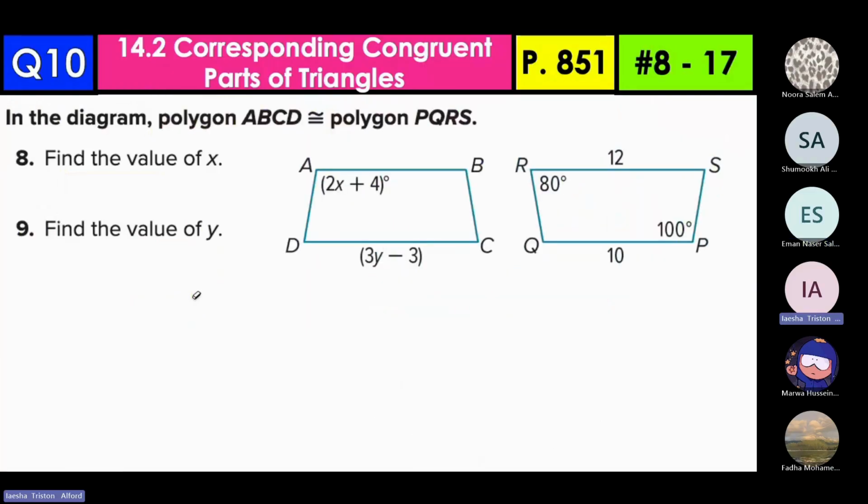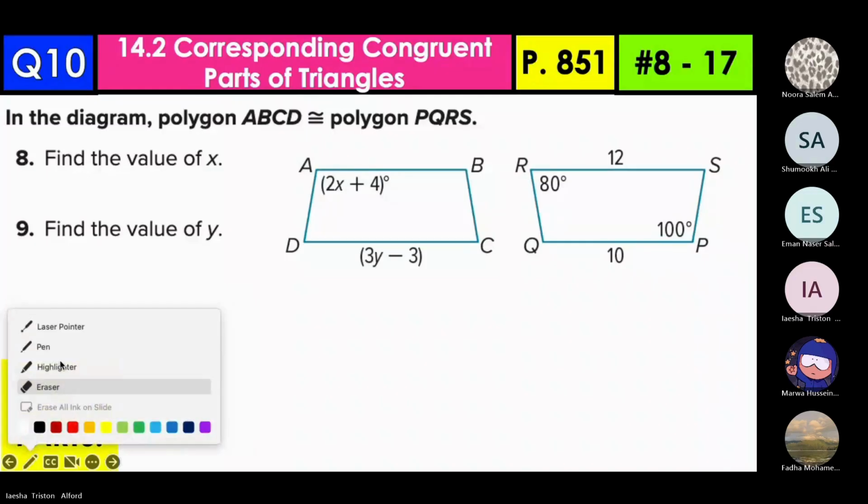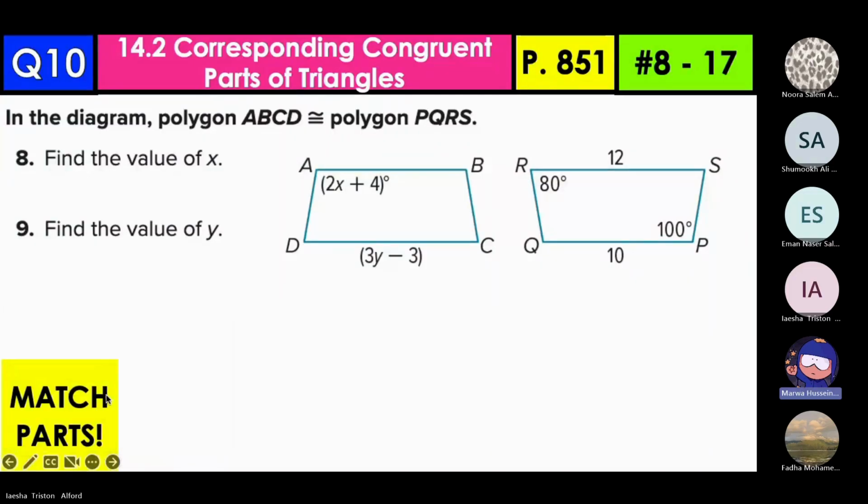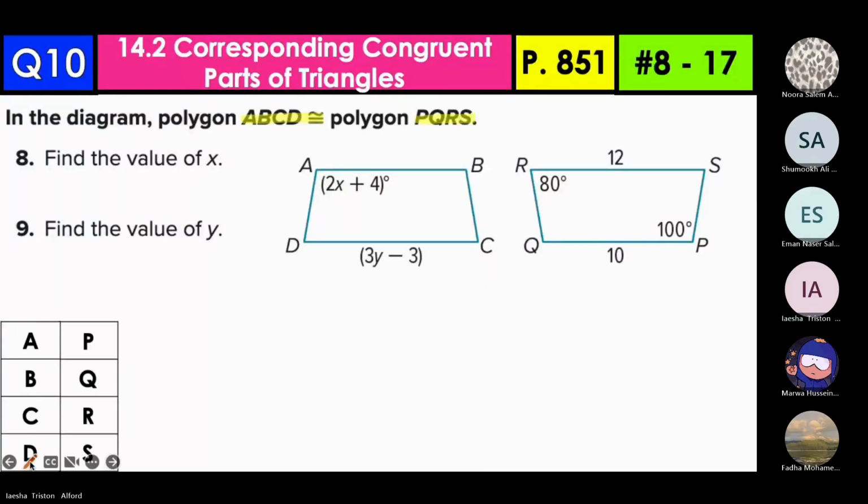All right. They also put this question in question number 10. I kept it here because it's the same idea. What is the first thing we need to do? We need to match. How do we know the match? From the statement: quadrilateral ABCD is congruent to PQRS. Get some colors and start matching.